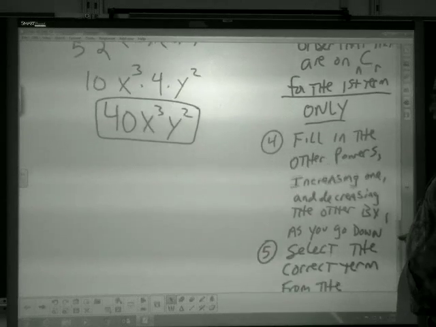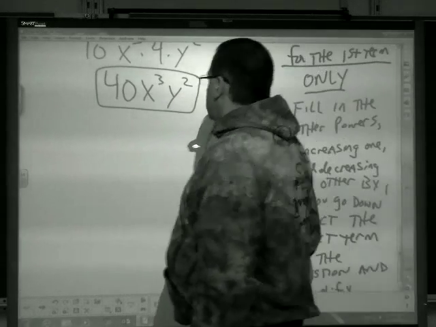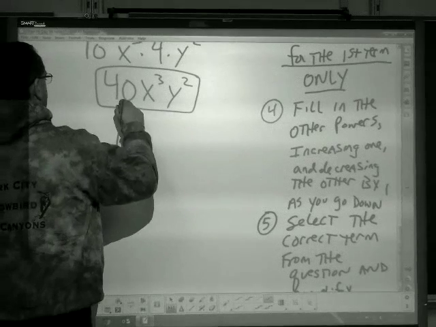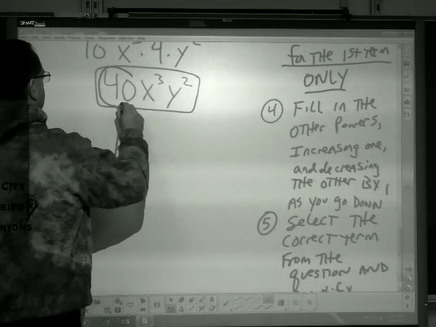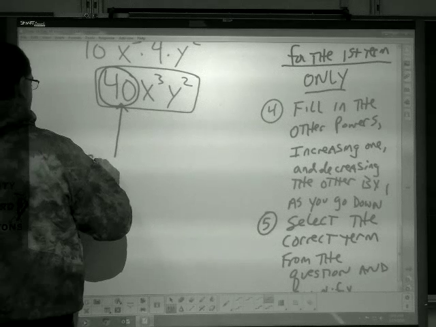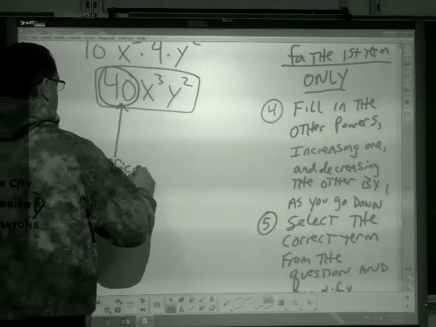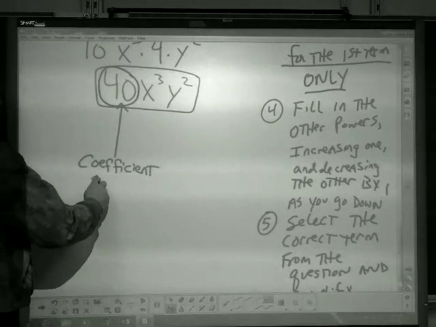Okay? One other vocab note. Sometimes they'll ask only for the coefficient. So this part right here is the coefficient, which is the number in front of the letters of the third term.